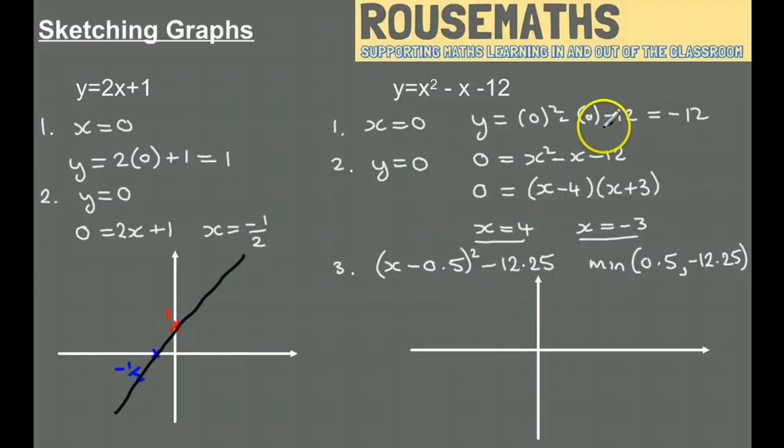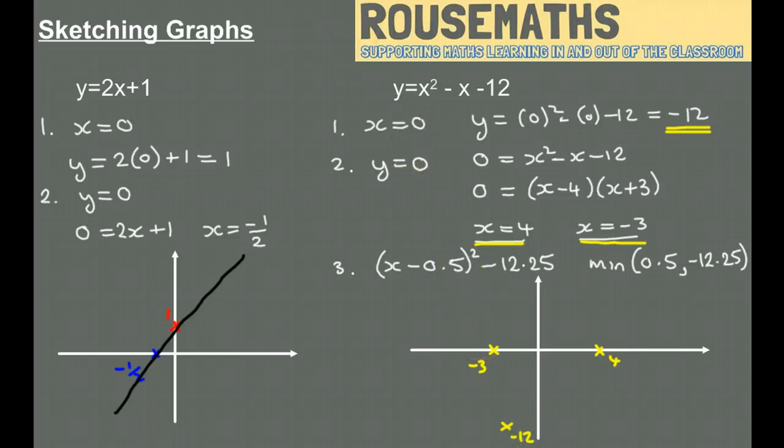So if we put those points on, first of all we've got y equals negative 12 as our y-intercept when x was 0. We've then got x equals 4 and x equals minus 3. And we also know that the minimum is at 0.5 and then negative 12.25.